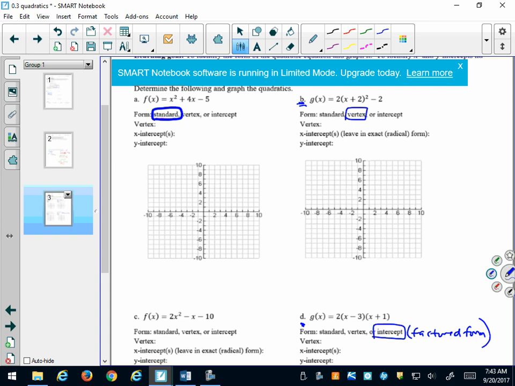Okay, so to get the vertex here, there are basically two ways of doing it. You may remember negative b over 2a, comma, blank. That's a way to get the vertex. So in this case, 4 is our b, so negative 4 over 2 times 1 is just negative 2.